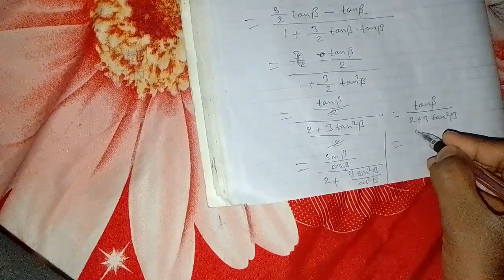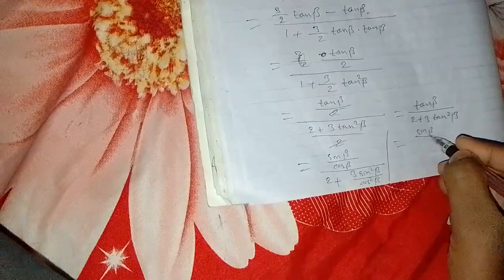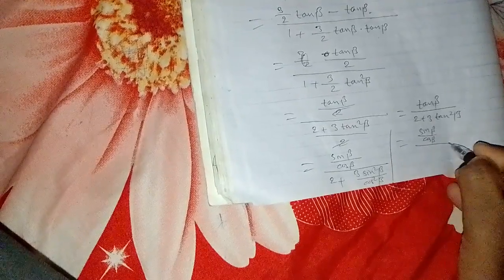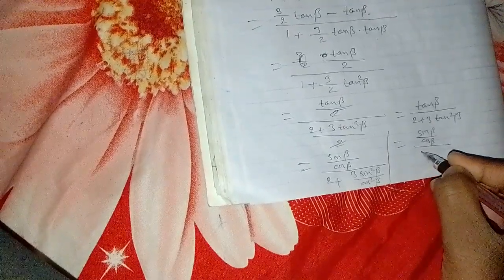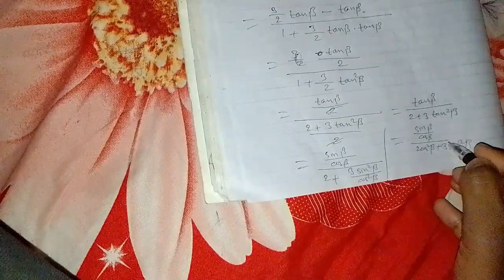Now this will be equal to sine beta by cos beta divided by 2 cosine squared beta plus 3 sine squared beta, divided by cosine squared beta.